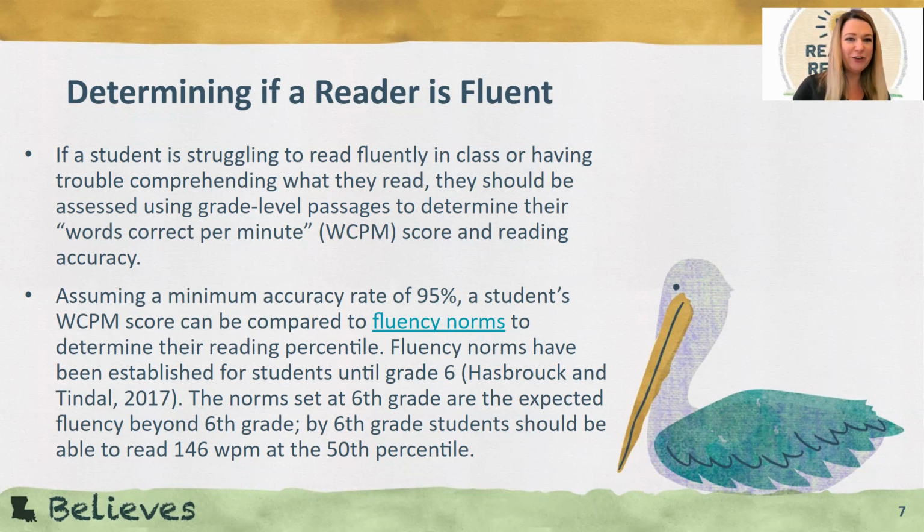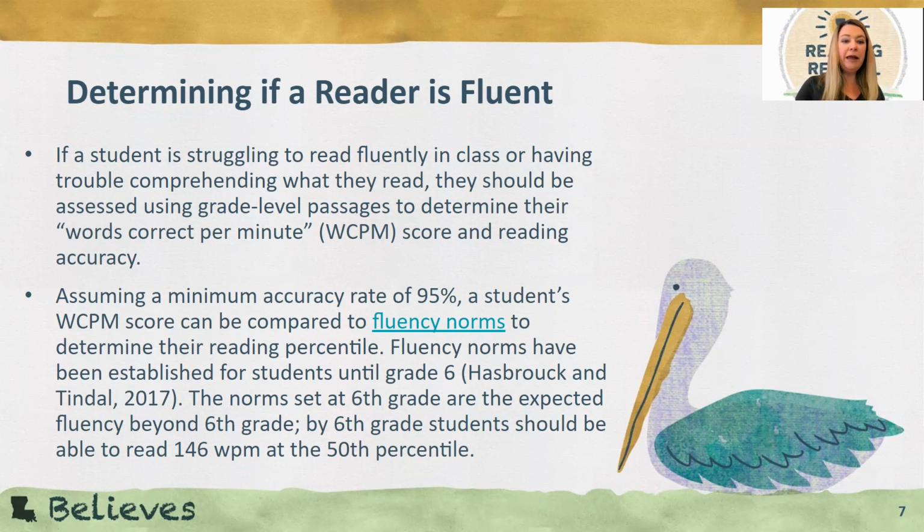Little side note as we're going through this. They should be assessed using grade level passages to determine their words correct per minute score and reading accuracy. We're going to talk in a minute about where you might be able to find some of those probes or passages and how to compute that.